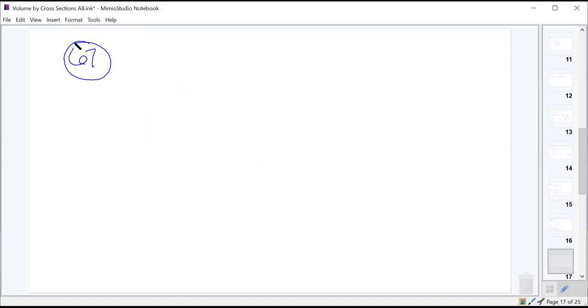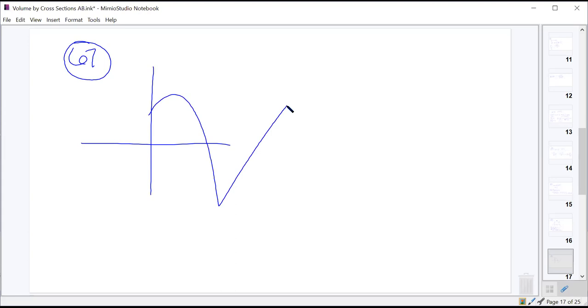All right, 67. They give us another graph. This one looks like this. Let's see, that's 7, and that's 4. The function whose graph is shown has f prime equal to 0. So this is f, and we want to know when does f prime equal 0. So when does the derivative equal 0?